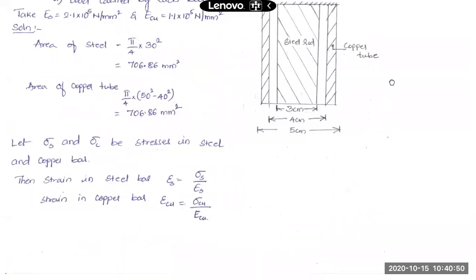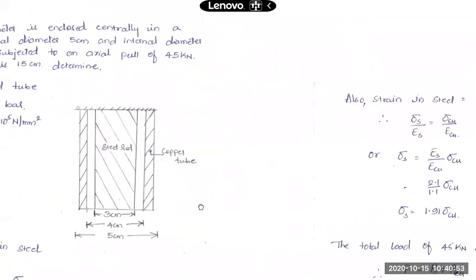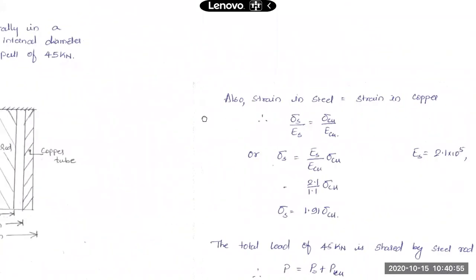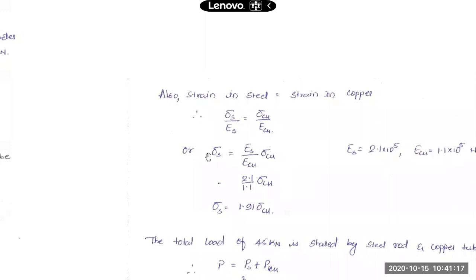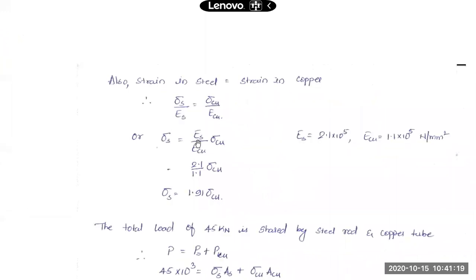When I equate these two strains, I can put it as sigma S upon E_S is equal to sigma Cu by E_Cu, or sigma S will be E_S upon E_Cu into sigma Cu. Stress in steel bar will be equal to the modulus of elasticity of steel divided by the modulus of elasticity of copper into the stress in copper bar. This ratio we normally call the modular ratio, the ratio of modulus of elasticity of the two materials.